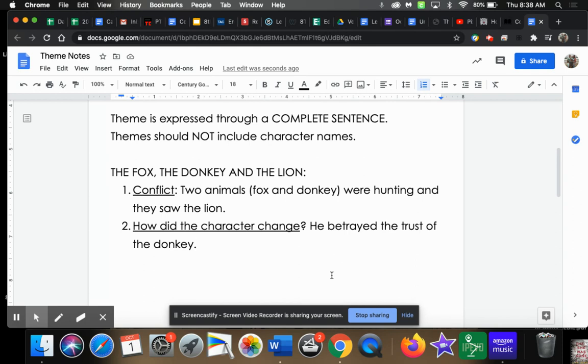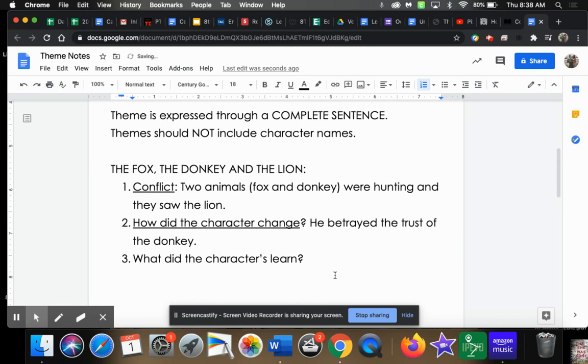The last thing we're going to look at is, what did the fox learn? What did the characters learn? Yes, sir. Yeah. We'll say the fox learned that he was also going to get betrayed, right?